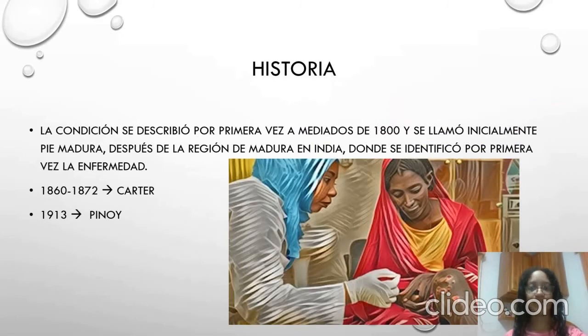The history. The condition was first described in the mid-1800s and was initially named Madura foot, after the region of Madura in India, where the disease was first identified. In 1860, Carter named the condition mycetoma, describing its fungal etiology.